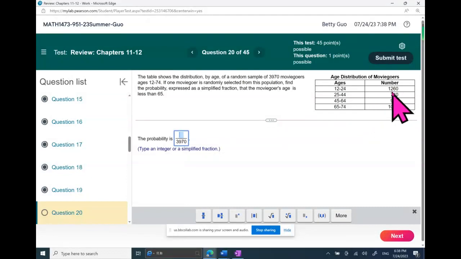So we can add those three numbers together. 1260 plus 740 plus 900. And the numerator is going to be 2900.